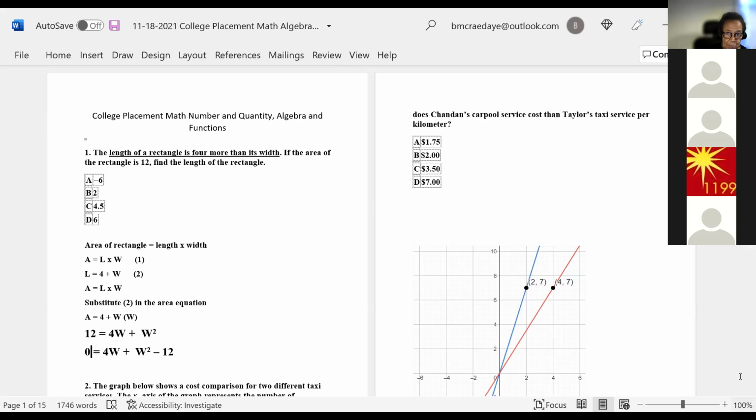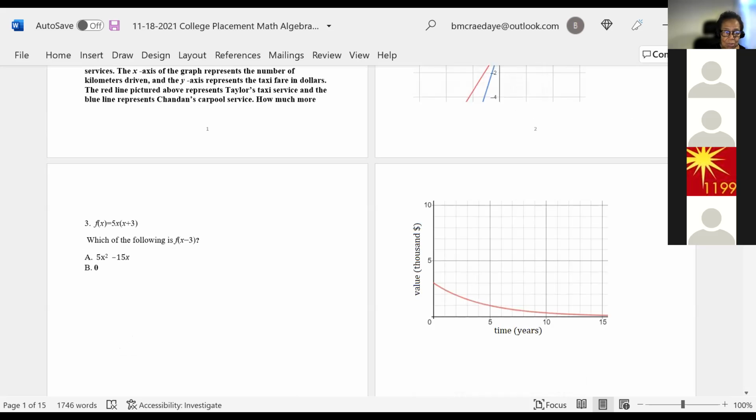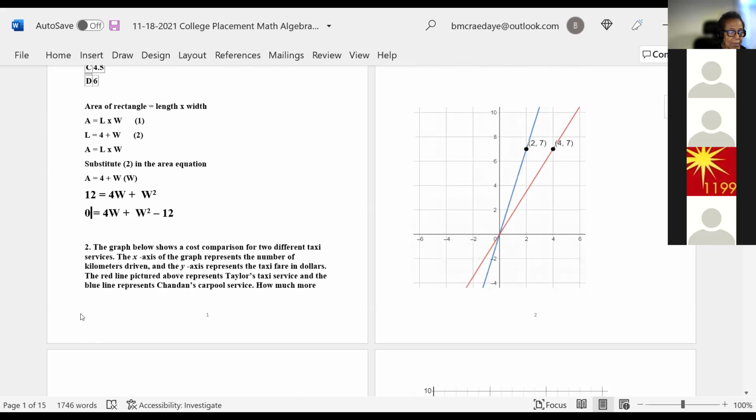So let's put it in the form that we usually see it. This is ax squared plus bx plus c equals 0. And what can we do with quadratics? We can factor them, right?